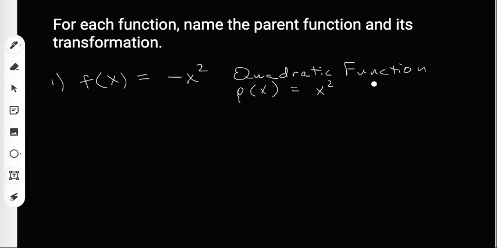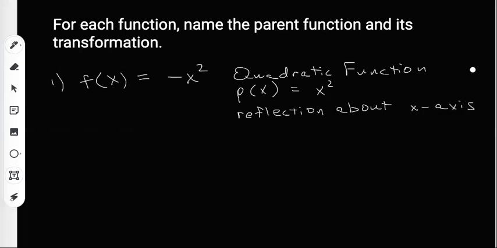So now what about the transformation? What happens if I have a negative on the outside? That means I have a reflection. So you could write reflection about or over the x-axis.